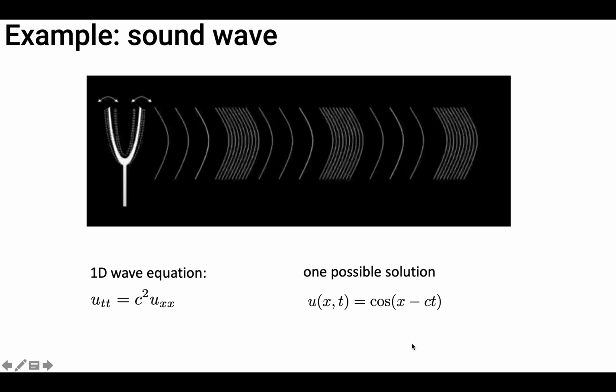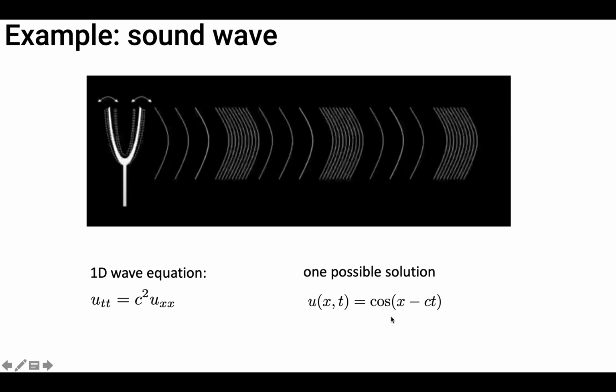In other words, it satisfies this equation. We know the derivative of cosine is minus sine, and then the derivative of sine is cosine. Taking into account the sign changes, you can verify that this actually satisfies this equation.